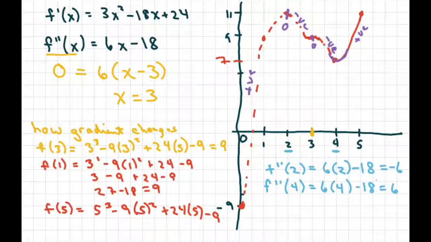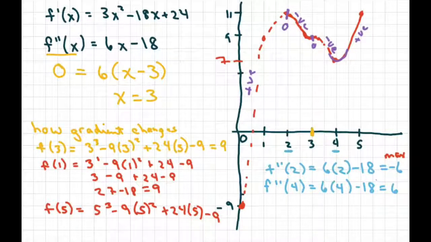Now, what you need to know about that is it's going to give you your turning points. So, if you have a negative 6, people think that's a minimum, but no, that's a maximum. Because that means the turning point is turning negative. So, at 2, it's turning negative here. It's going negative.